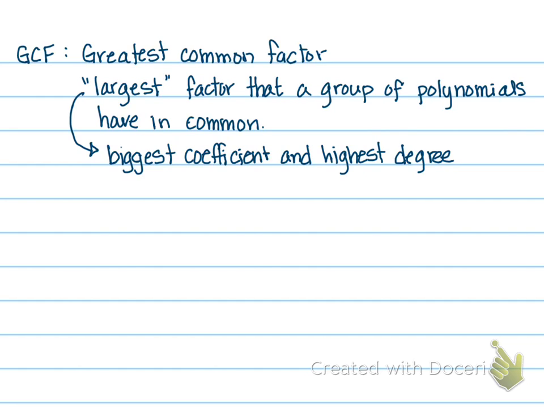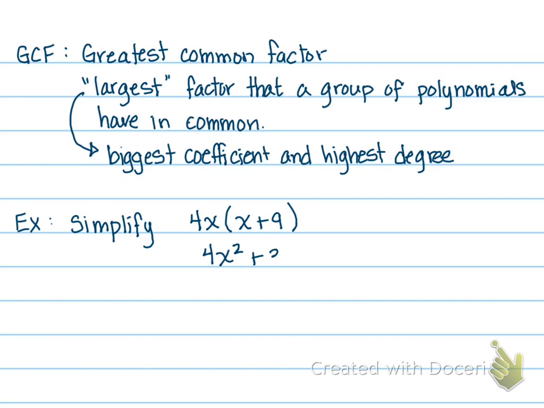So when we factor out a GCF, what we're really doing is just the distributive property in reverse. So we know the distributive property. If I was going to simplify 4x times x plus 9, I would distribute the 4x, which would give me 4x squared plus 36x.